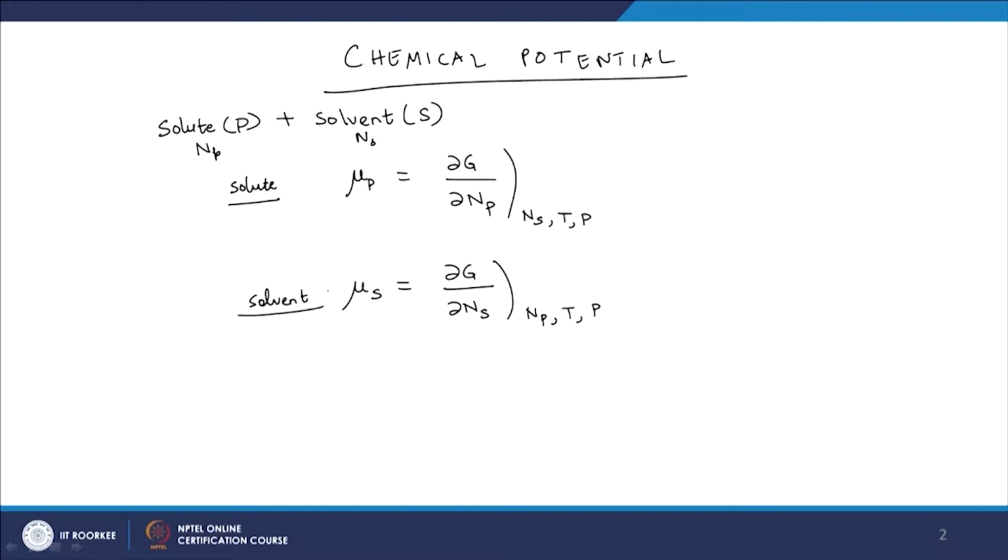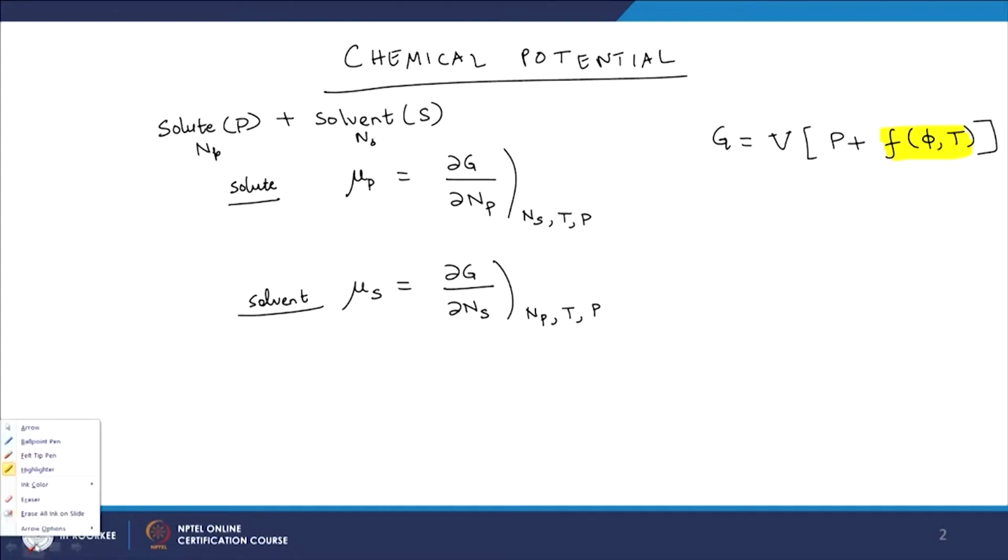Now just to recall, we said that the Gibbs energy G is V multiplied by P plus F of phi, t, where this is the function we care the most about, that is the Helmholtz free energy density. And we also said that V is equal to Np Vp plus Ns Vs and is a constant if the system is incompressible.